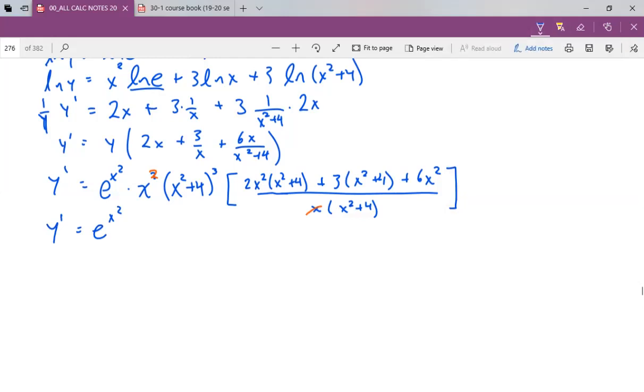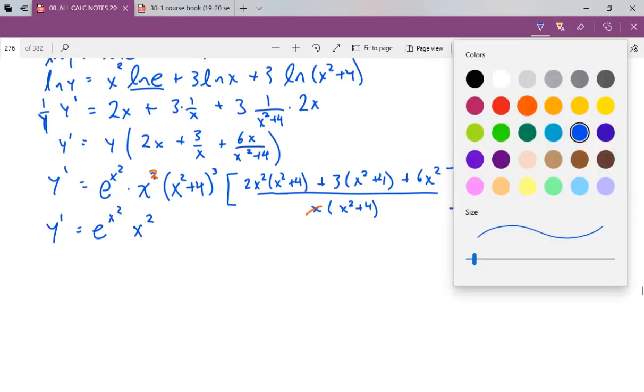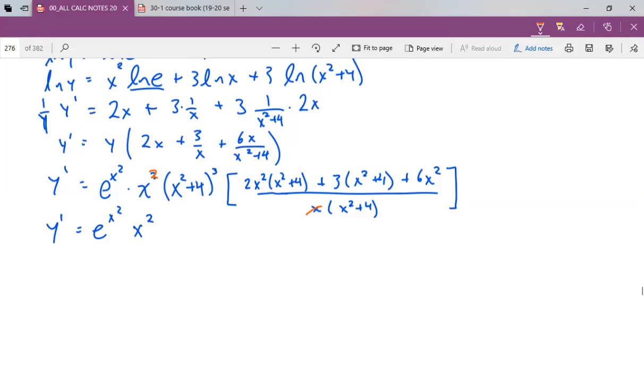Leaves us with x squared sitting out front. And similarly, we have x squared plus 4. We have 3 factors of it sitting up front on the left. We have 1 factor in the denominator, so let's divide that out. Clean this up. So we have e to the x squared times x squared plus 4 squared.